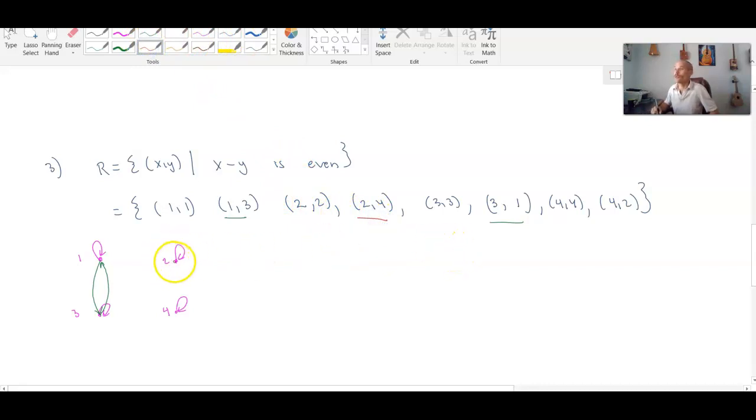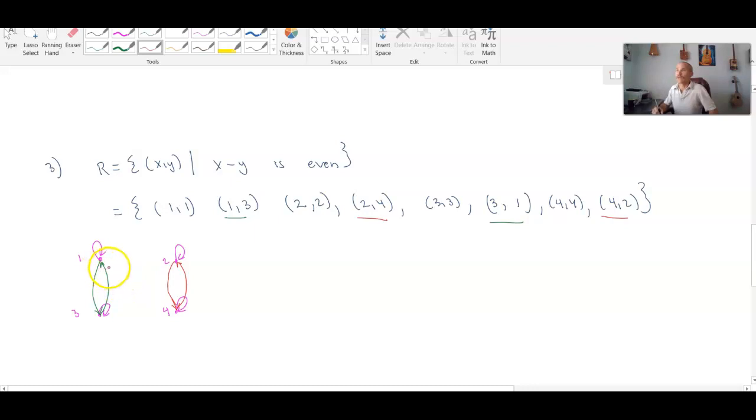Is 4, 2 in the set? Okay, so 2 relates to 4. Oh, there it is. 4 relates to 2 since 4 minus 2 is an even number as well. So we're good so far. So we have 1, 3, we have 2, 4, and we have 3, 1, and 4, 2. I think we've covered all of our bases here.